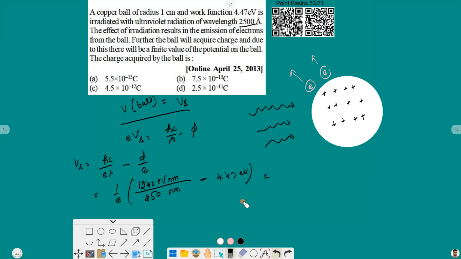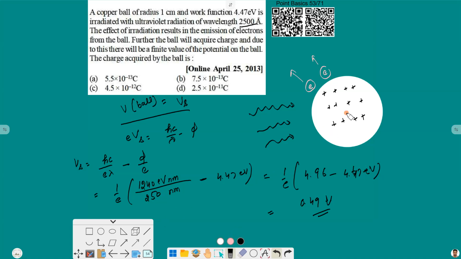We will get stopping potential as 1 by E times 4.96 minus 4.47, and both of these are in electron volts. Solving this and cancelling the electron volt, we will get 0.49 volts. This is the stopping potential.